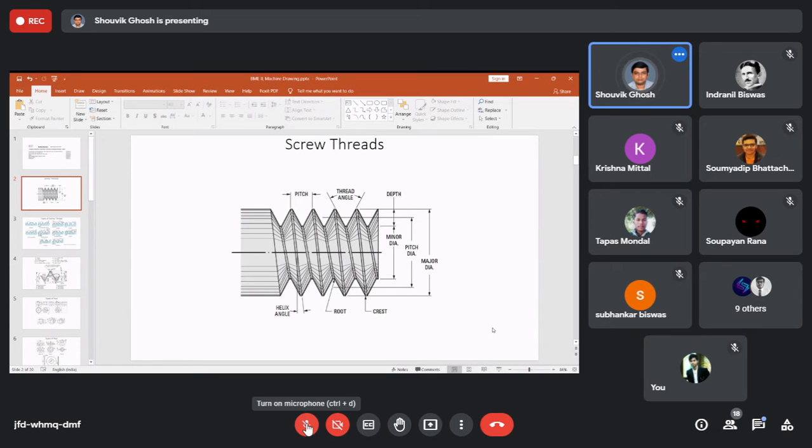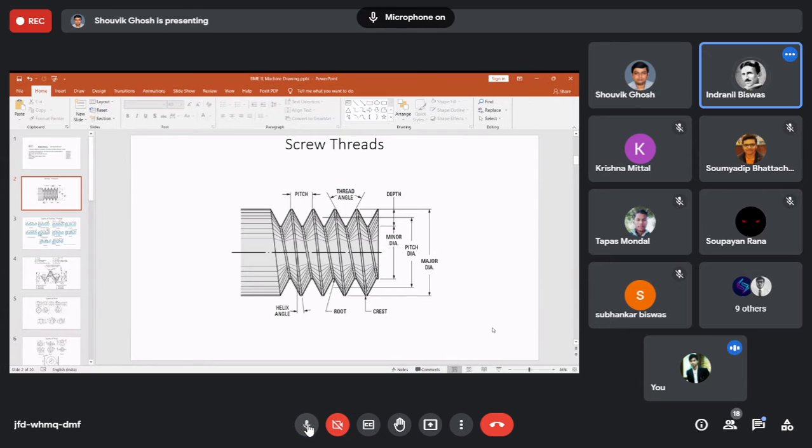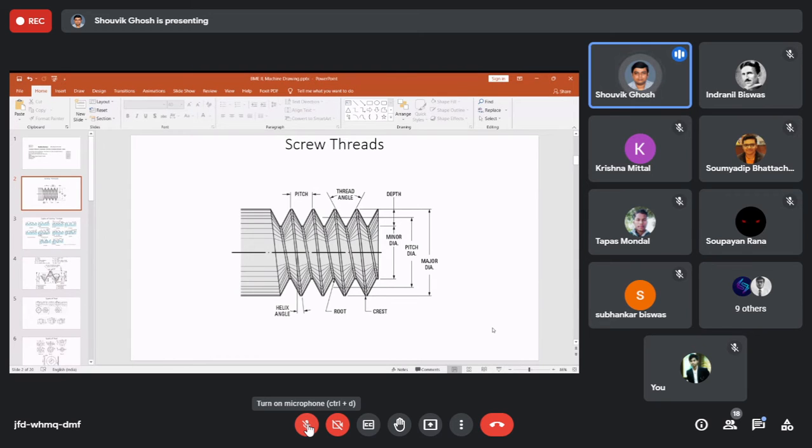You have seen that? A lever was attached and they would screw it, and the bed would move to and fro near to the head and away from the head, right? So there was a particular screw that was helping that movement of the carriage along with that tool in moving to and fro. Can anyone name it?